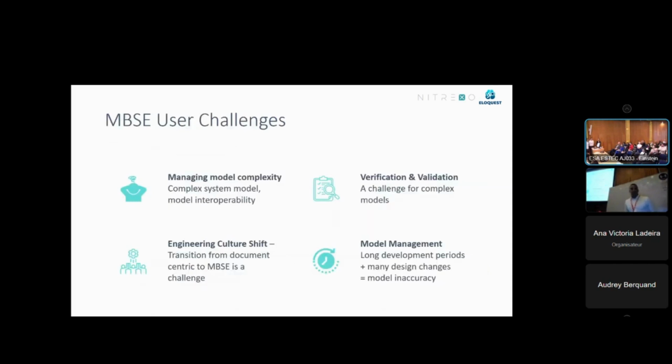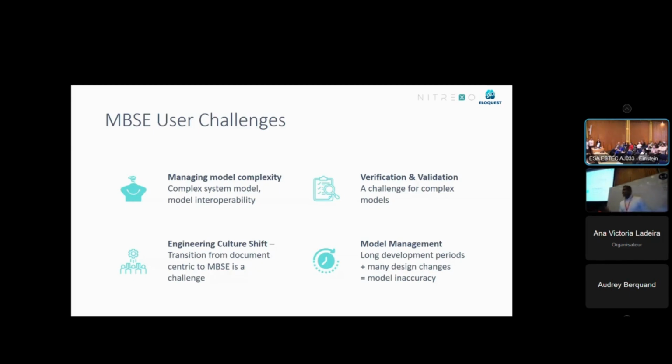So here we have collected the user challenges. These are most of the challenges that the stakeholders, the users, but also the people from the community face when adopting model-based system engineering in their project.